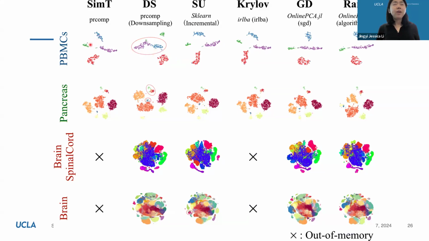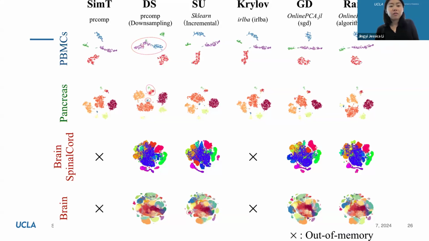For example, we consider the exact PCA to give, and this is probably a TSNE or UMAP, right? You use that for TSNE or UMAP. The exact PCA is considered the gold standard here, the baseline. You see that the purple and the blue clusters became merged or connected if you use downsampling. So you change the result here.